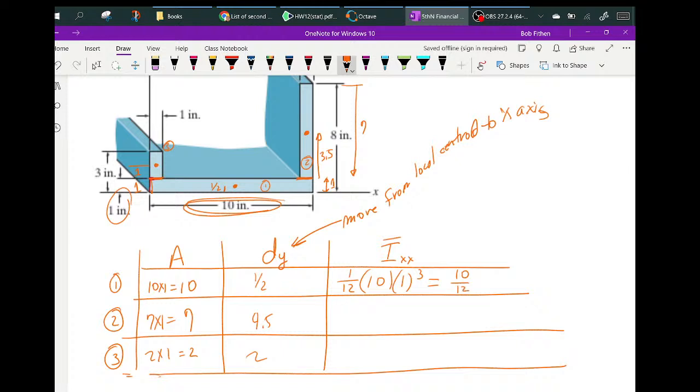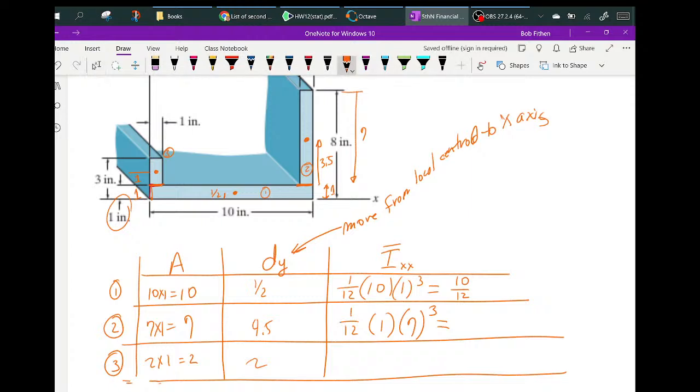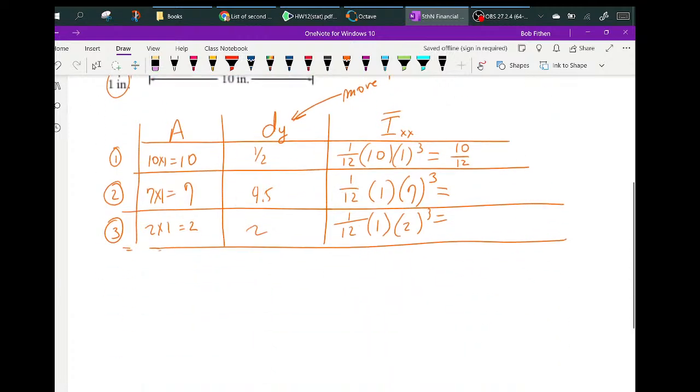Looking at the second one, 1/12 the base of 1, the height of 7 to the third, I'll wait on that one for a second and do both these together. 1/12 the base of 1 and the height of 2.